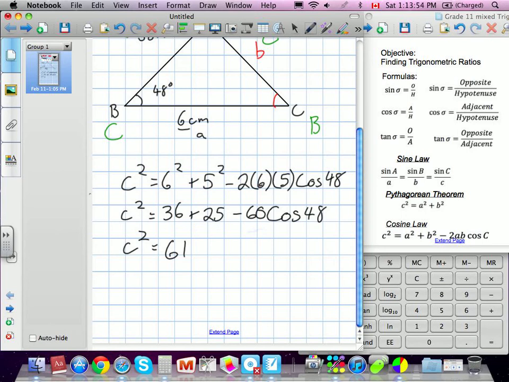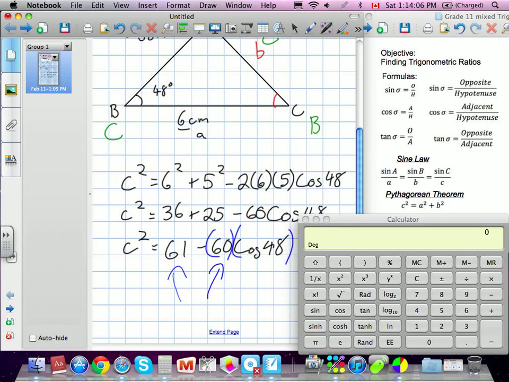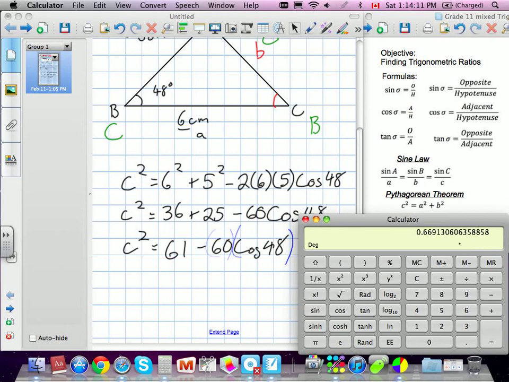Minus 60 cos 48. Many people here, their next step would be to go 61 minus 60, which we can't do. We have to multiply this first. So let's take out our calculator here. 48 cos, and then times negative 60, right? There's a negative sign in front of that.